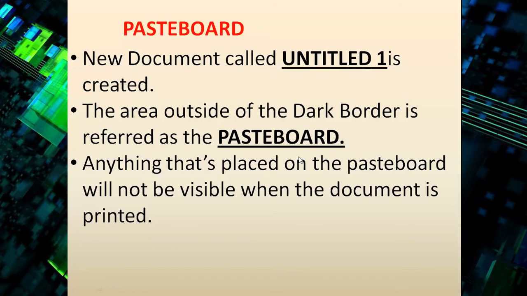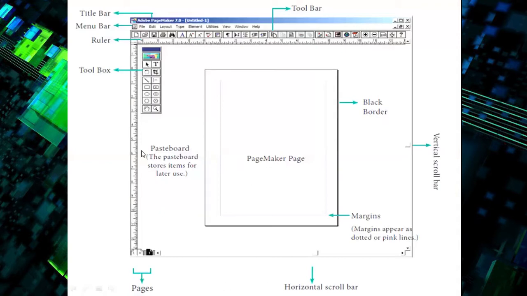Anything that is placed on the pasteboard will not be visible when the document is printed. Are you able to see a pasteboard here? So this pasteboard is completely outside the dark black border of the page. You can use this pasteboard to temporarily hold elements while designing your document.